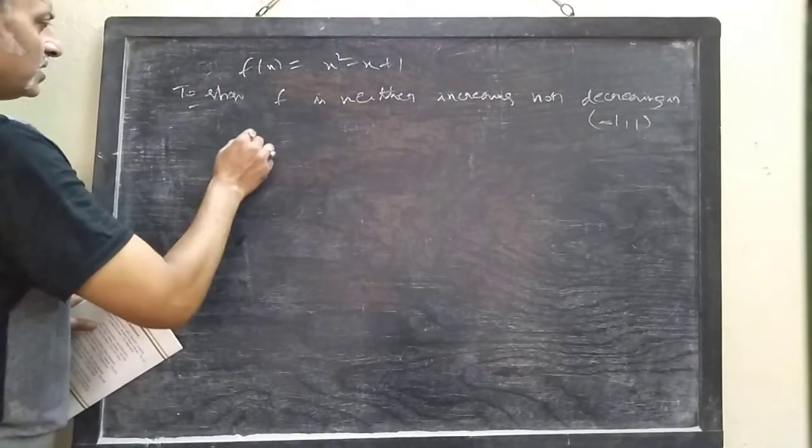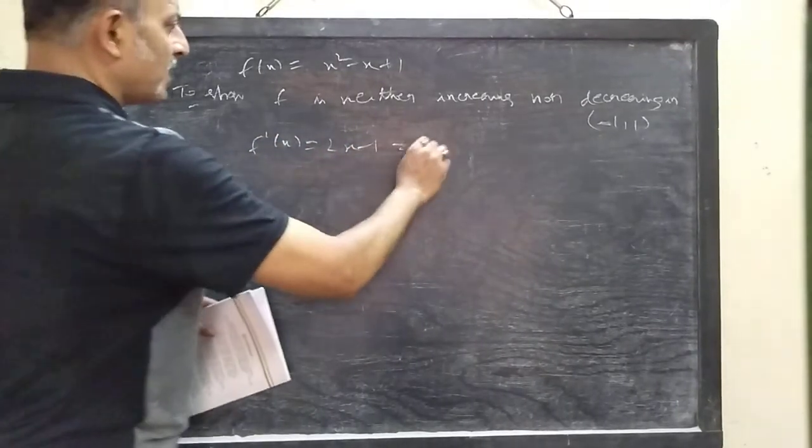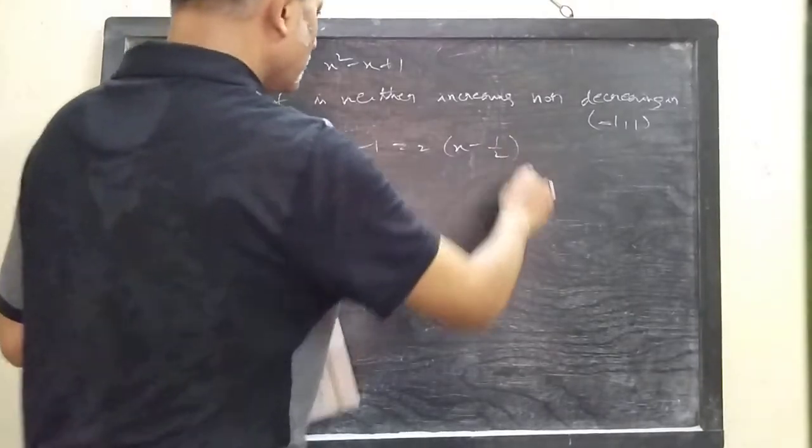So first find f dash x. F dash x will be 2x minus 1, taking 2 common, x minus half.